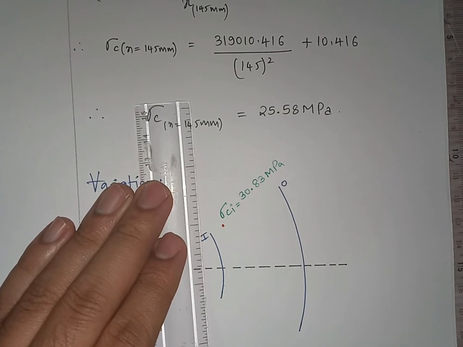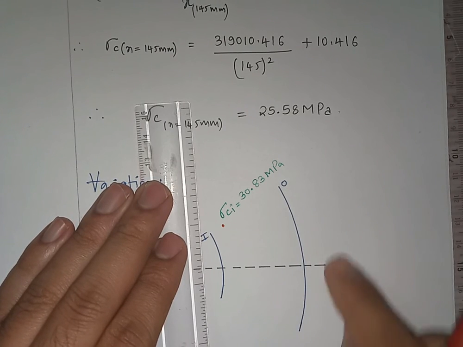Then the second point to be marked is sigma C naught on the outer layer.